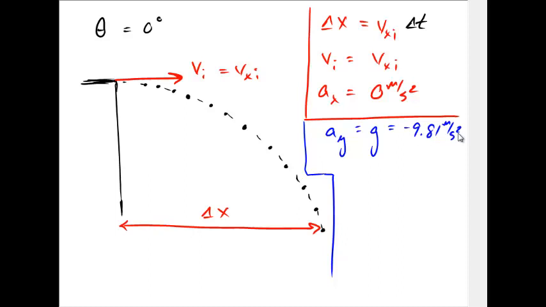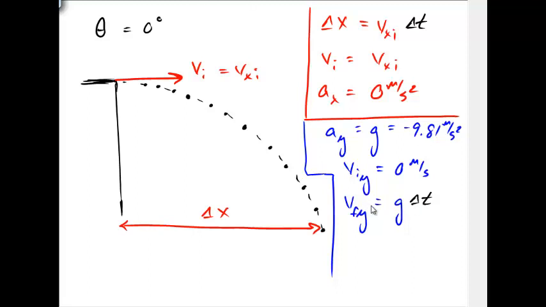Correct. The initial vertical velocity, according to my diagram, is what? 0. Because it's not moving up or down to start. The final vertical velocity would be equal then to its acceleration due to gravity times the time.